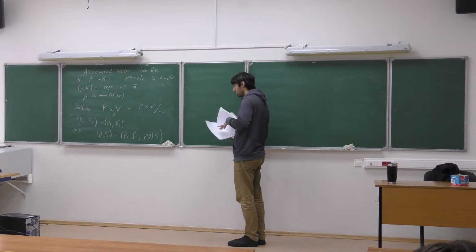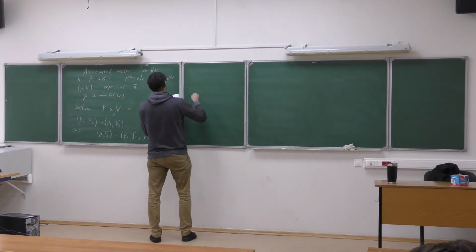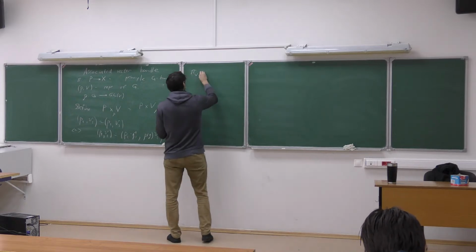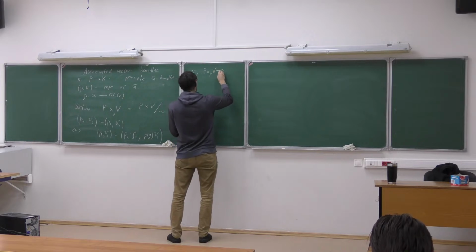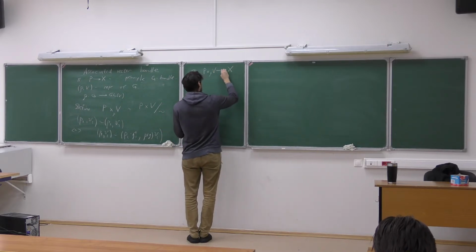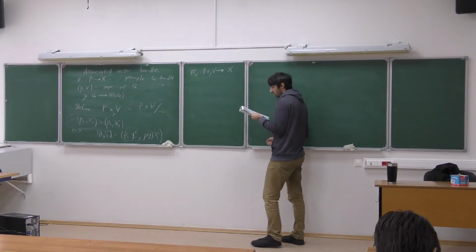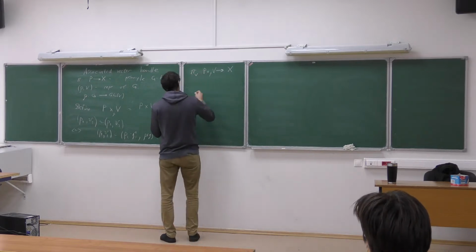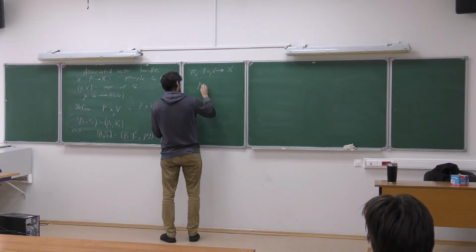Now I would like to see that this is actually a vector bundle over X. So I need the projection. Let's call it pi_V, from here to X. This projection goes like this. So it's just very natural.